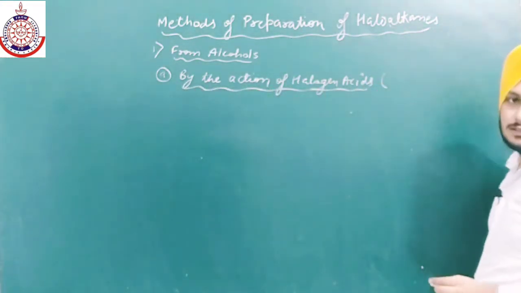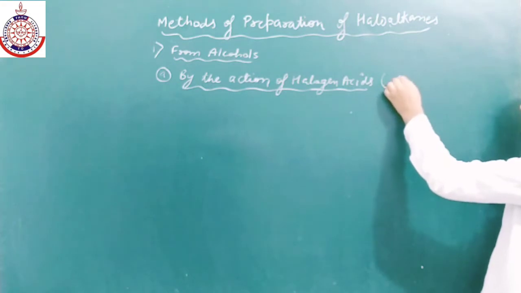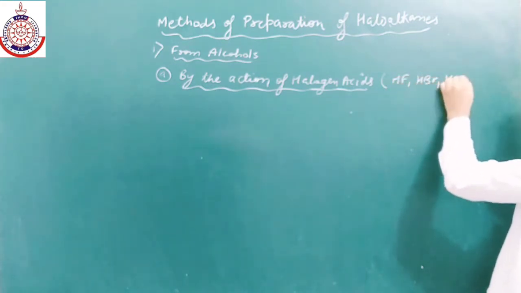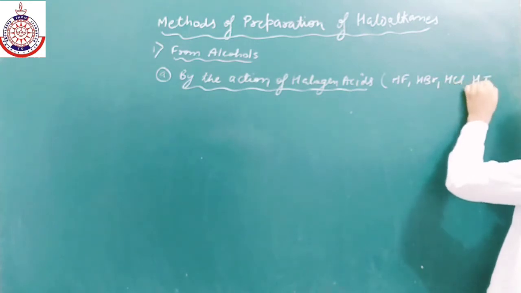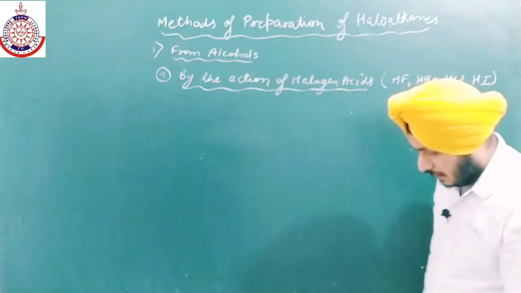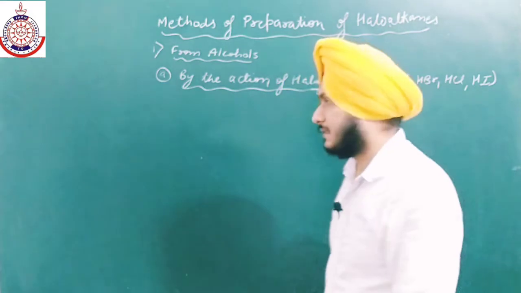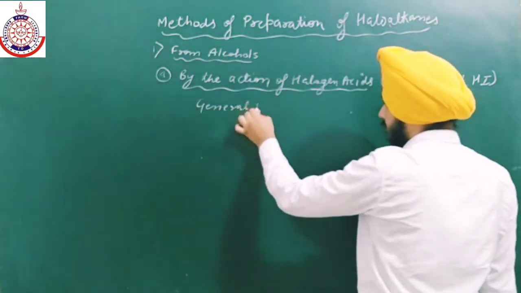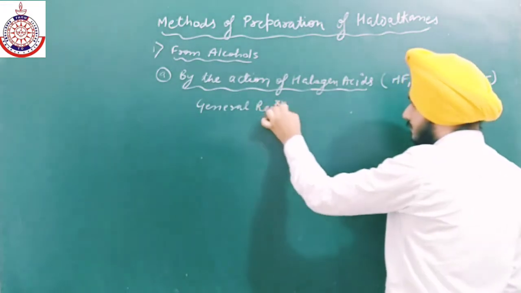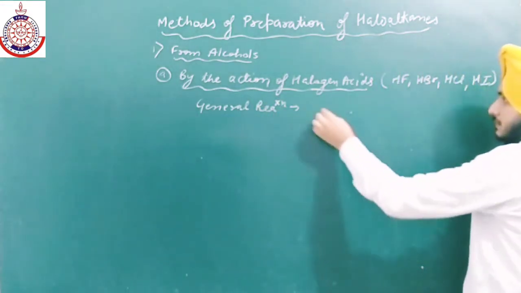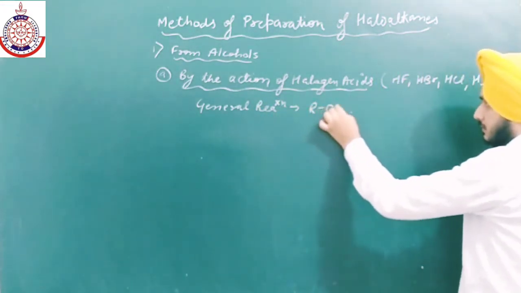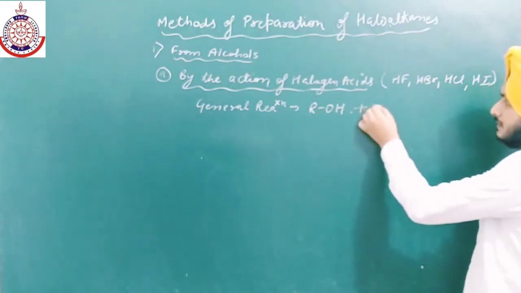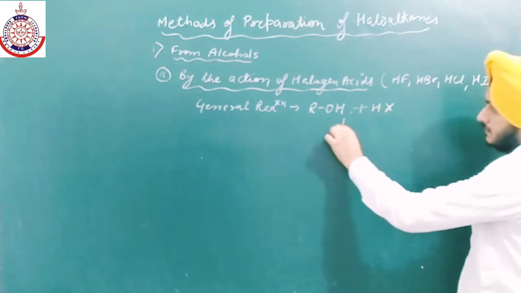So what are halogen acids? We have HF, HBr, HCl and HI. These are the four halogen acids. And now the general reaction is ROH, the general formula for alcohols, plus HX gives RX plus H2O.